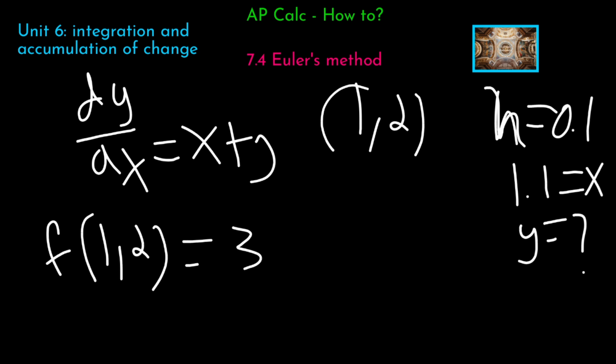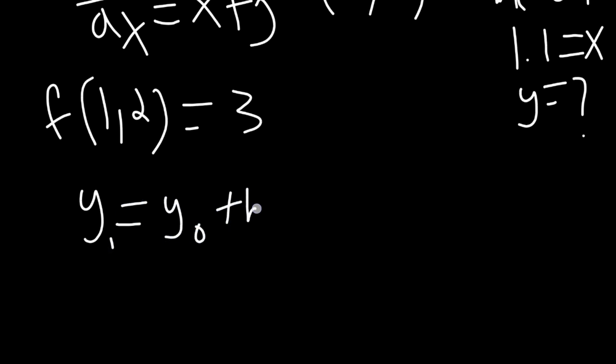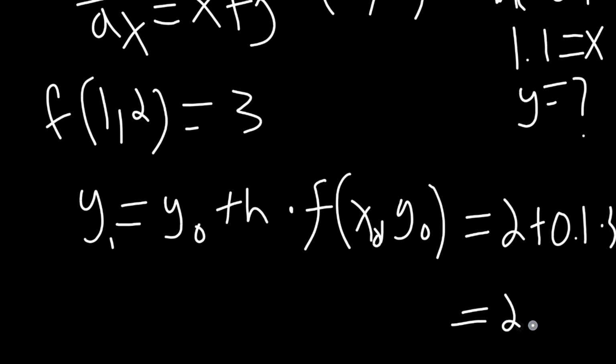Then plug it in and apply Euler's formula. So we have y equals y naught plus h times f of x naught comma y naught, equals 2 plus 0.1 times 3, which equals 2.3.